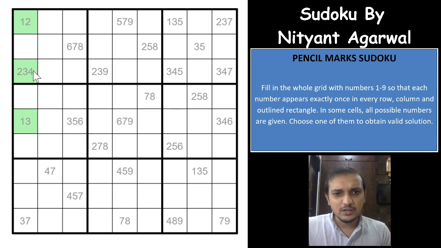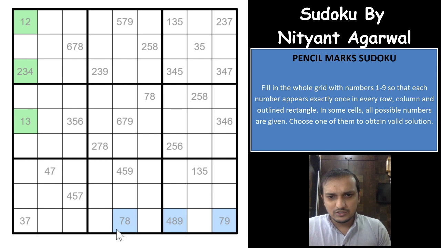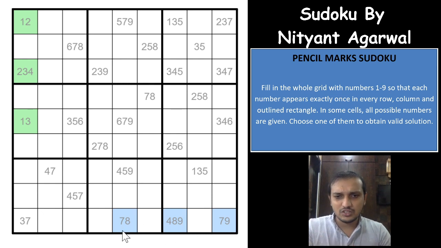So if you see here, these 3 cells are an almost locked set, with 3 cells and n plus 1 candidates, that is 4 different candidates. You have one more such case here, with 3 cells and 4 different candidates, 4 7 8 and 9. Both of these sets are totally away from each other. They don't see each other in any manner, right?